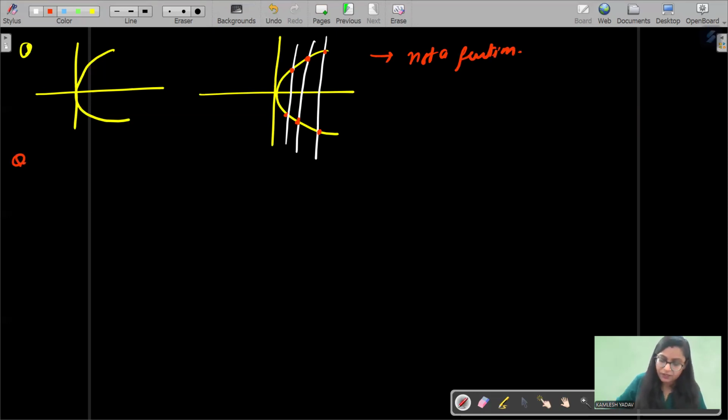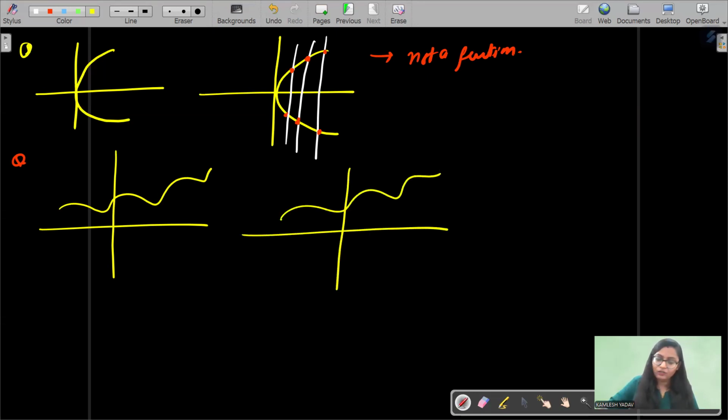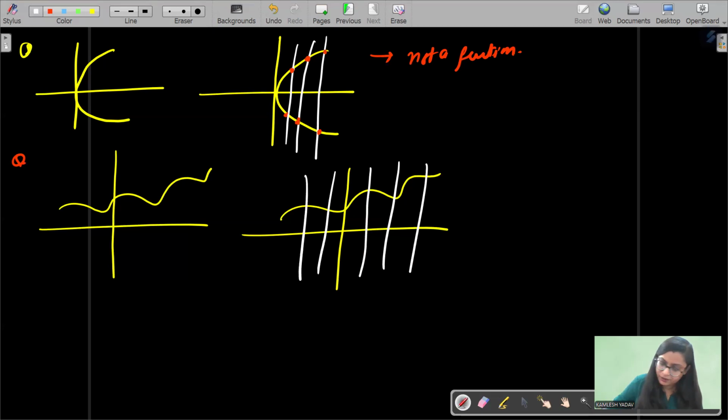Now the next graph, suppose we randomly have a graph like this. If we draw a parallel line to the y-axis, we see it cuts only one point.